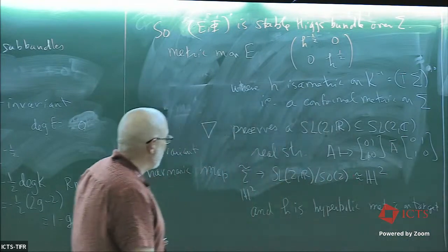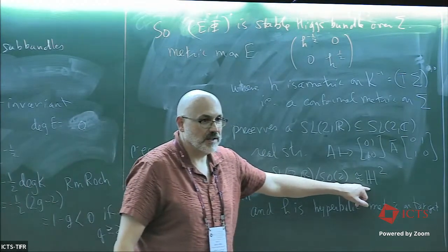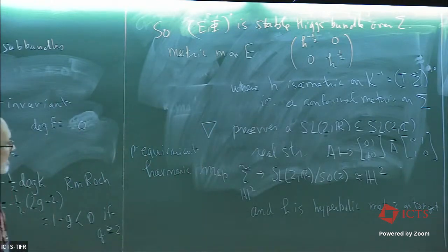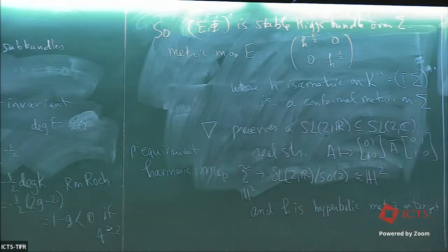Okay? So it's not conformal with respect to the original domain, but once you move to the target, this is another hyperbolic metric. Okay? So what Hitchin did is he noticed that this Higgs bundle setup gives us a way of parametrizing hyperbolic metrics on the quotients.